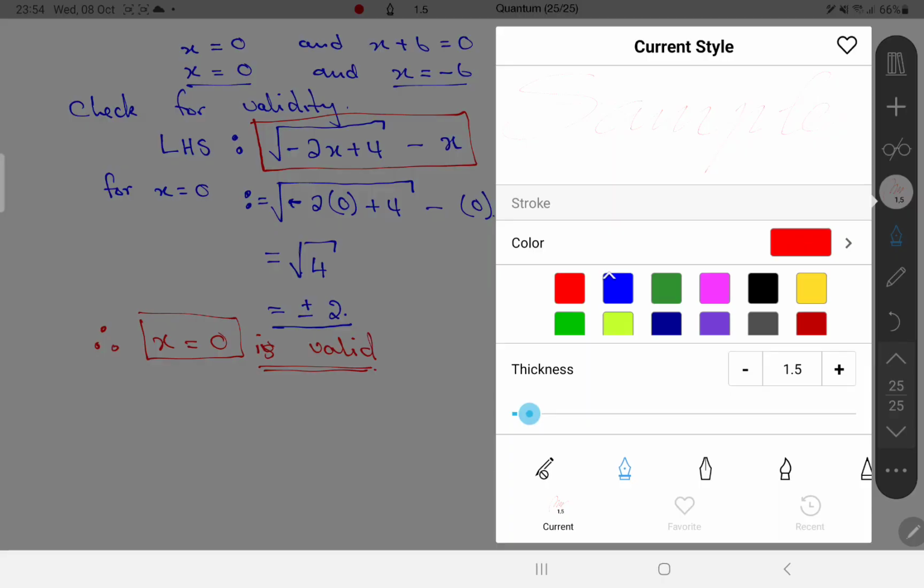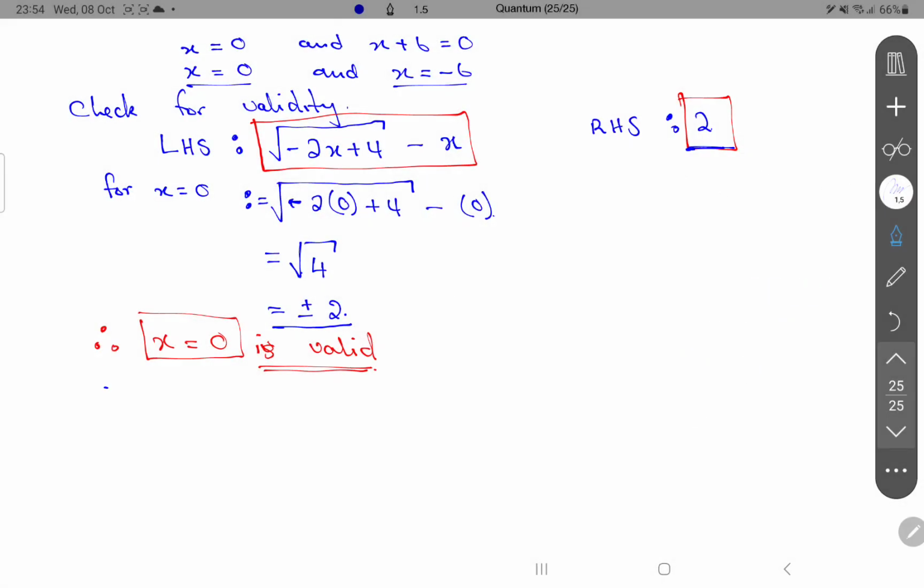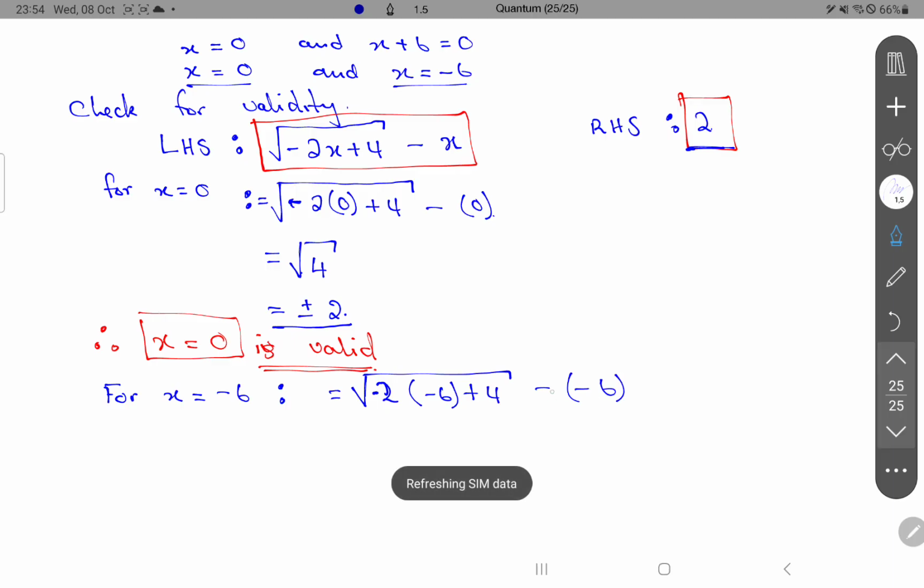Then for x equals minus 6, we are now saying the square root of negative 2 times negative 6 plus 4, minus negative 6.